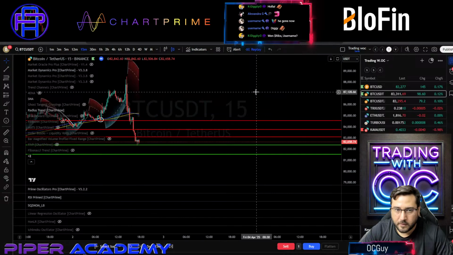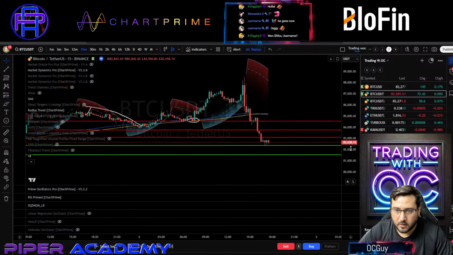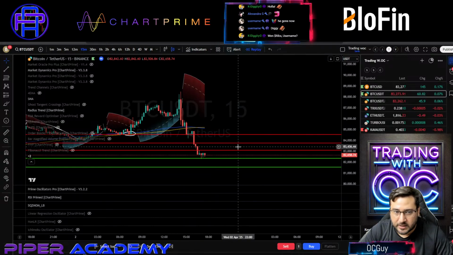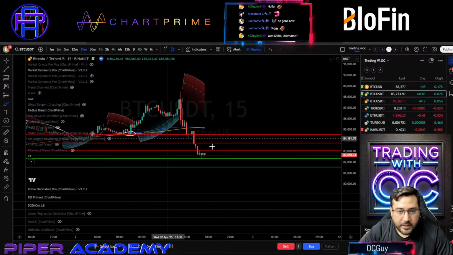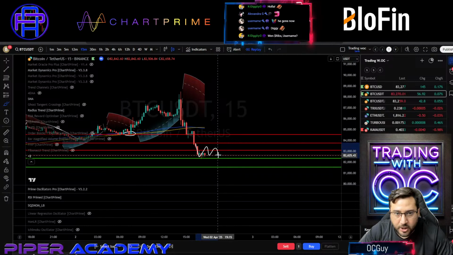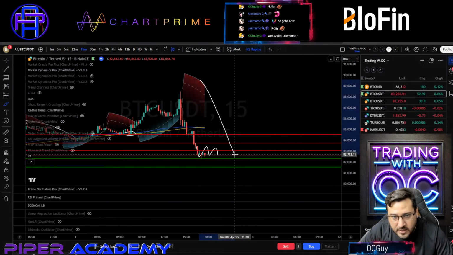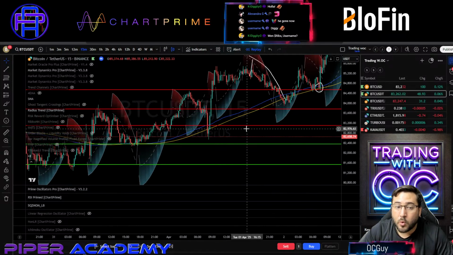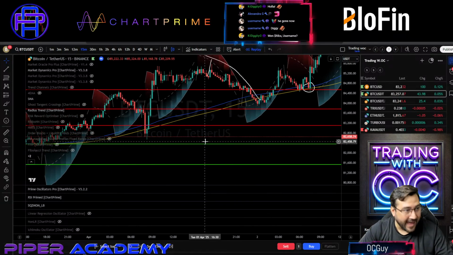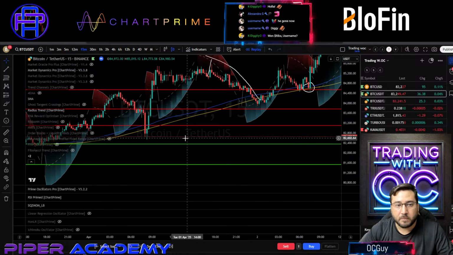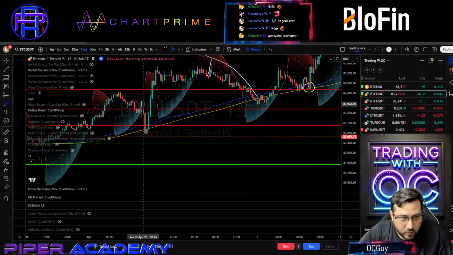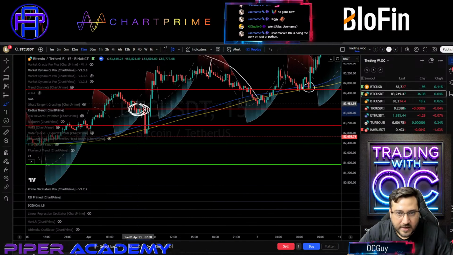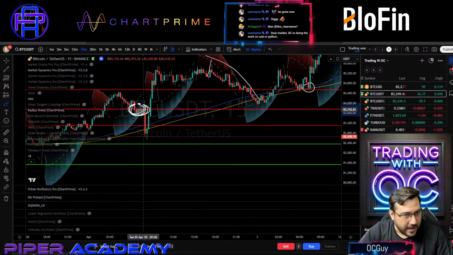Let's go all the way down here. At this point, we're just building this up, all right? So we need a range for this area to come downwards here. What are we looking for? Look at that. When we range and when we start making that end pattern, or the reversal pattern, usually it's a range, it's a pause in price action while the time goes by.